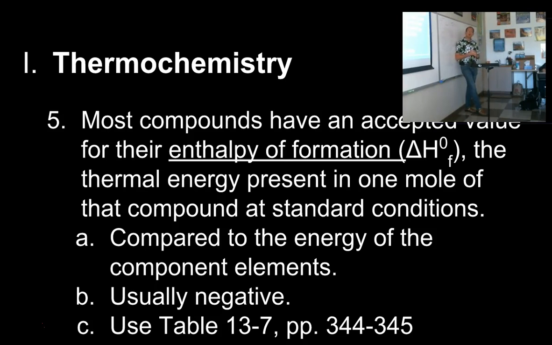Most values are negative because the formation of most things is exothermic. It gives off heat energy as it is formed. A molecule of something is more stable than the free elements floating around in the universe. So most things have a negative value for the enthalpy of formation, and it's always compared to the energy of the component elements. Like I said, sugar as a molecule versus carbon, hydrogen, and oxygen as pure elements.